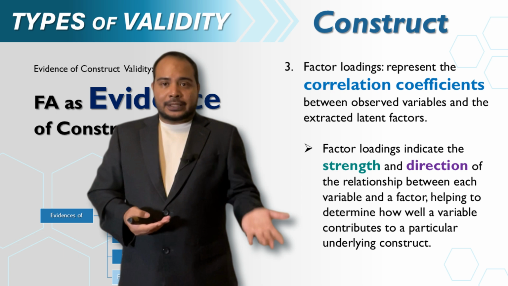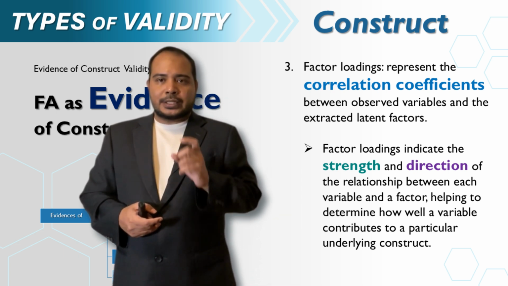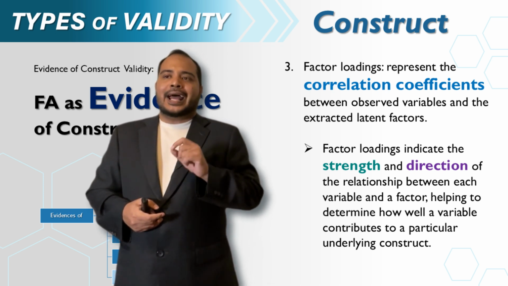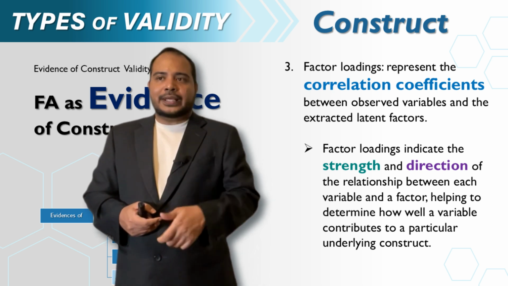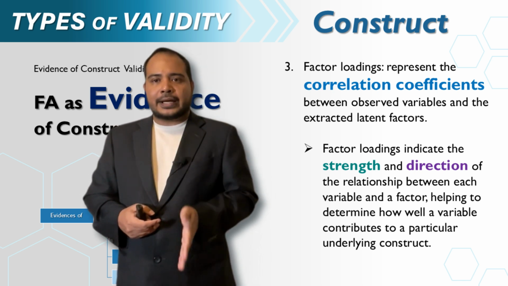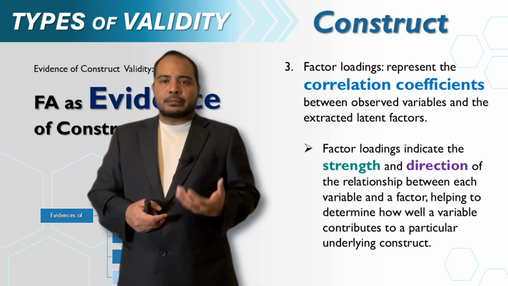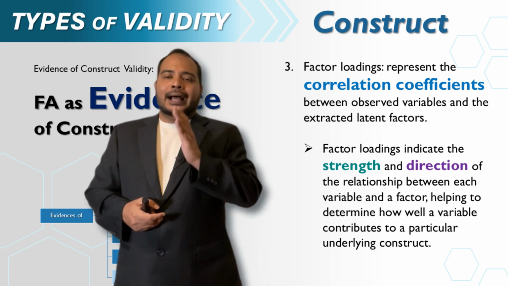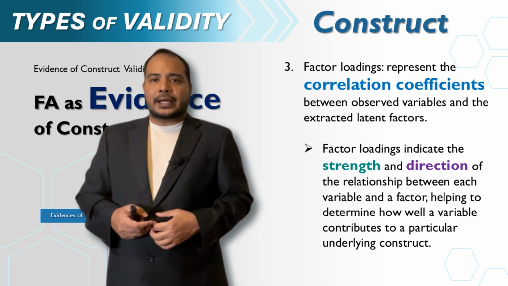Under factor loadings, factor loadings represent the correlation coefficients between observed variables and the extracted latent factors. They indicate the strength and direction of the relationships between each variable and a factor, helping to determine how well a variable contributes to a particular underlying construct.